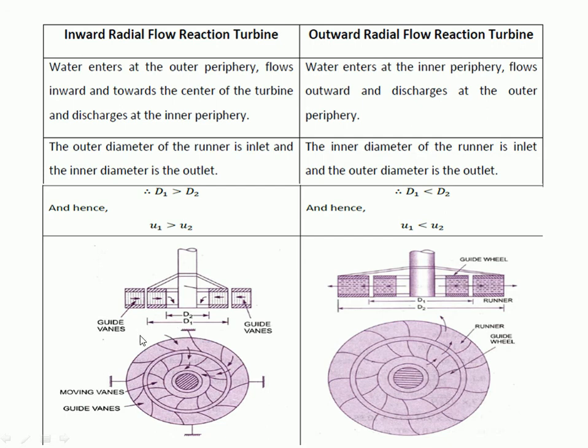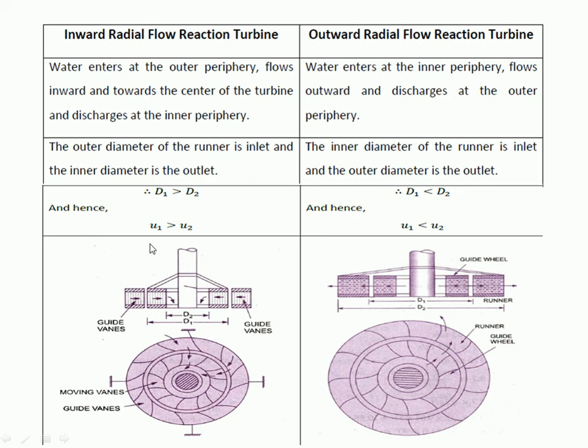You can see in this diagram, the outer diameter of the runner is what? This is the outer diameter. This is called the inlet. And the inner diameter is what? The outlet. This is the inner diameter, which is the outlet. Therefore, D1 is greater than D2, and U depends on D. U is the velocity of the blade, and U is equal to pi D N by 60.